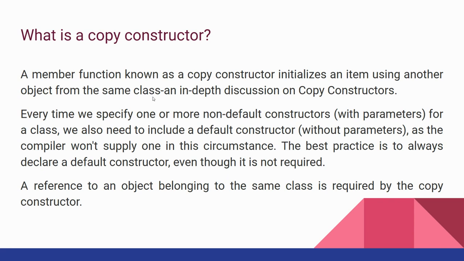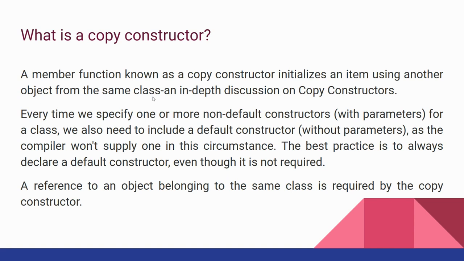An in-depth discussion on copy constructors. Every time we specify one or more non-default constructors, meaning with parameters, for a class, we also need to include a default constructor without parameters as the compiler won't supply one in this circumstance.